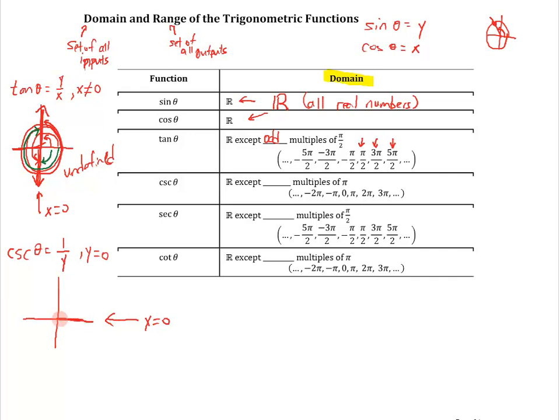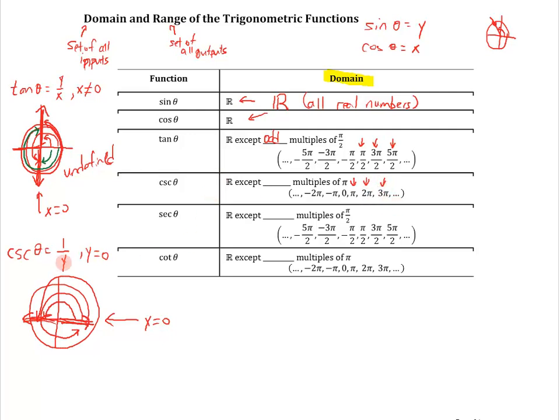So 0 here is a problem, and so is pi. 0, pi, and then if we went all the way around here, 2 pi is a problem, and then 3 pi, and so forth. Pi, 2 pi, 3 pi, 4 pi, 5 pi.